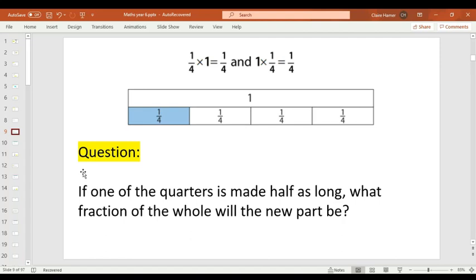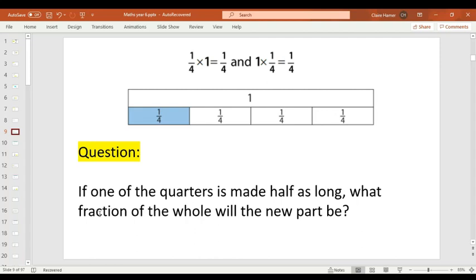Now we're going to move on, so we're looking at multiplication today. So up here, if I said to you 1/4 multiplied by 1, the answer is quite straightforward, it just means 1/4. If you would like one lot of 1/4, you just end up with one of them, so 1/4.